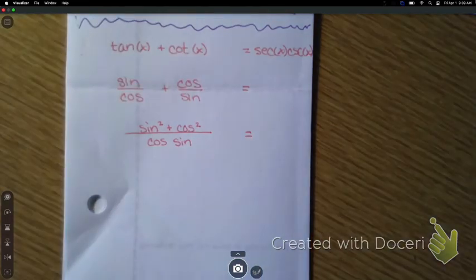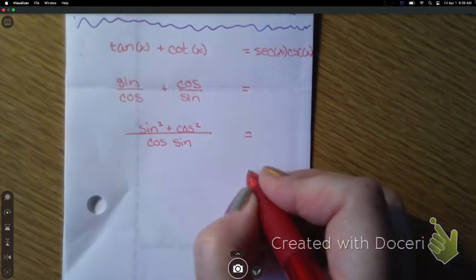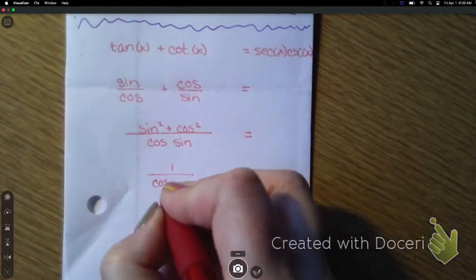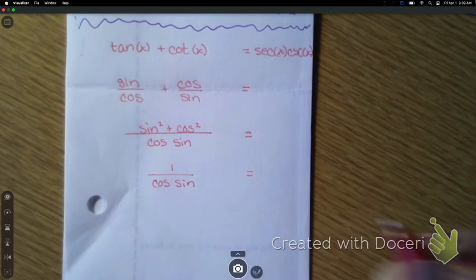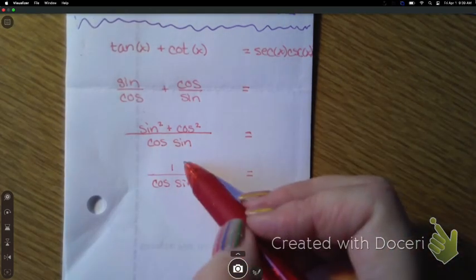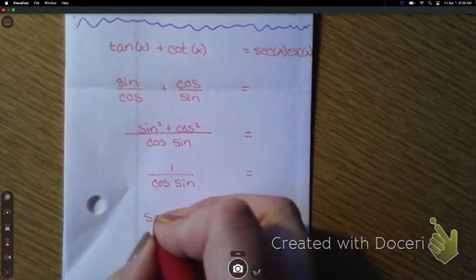What is my numerator? 1. Anytime I can change something to 1, should my life get easier? Yes, because the Pythagorean identity is sine squared plus cosine squared equals 1. Well, 1 over cosine is what? Secant. And 1 over sine is cosecant. So I am done.